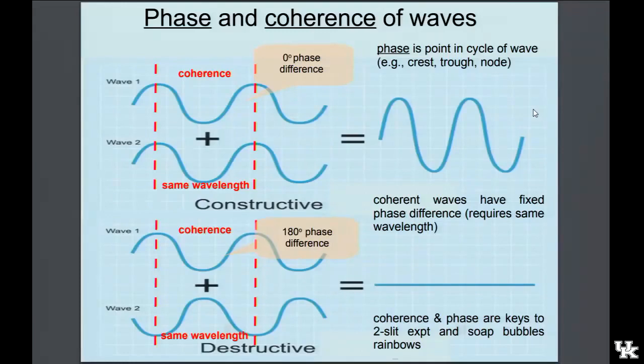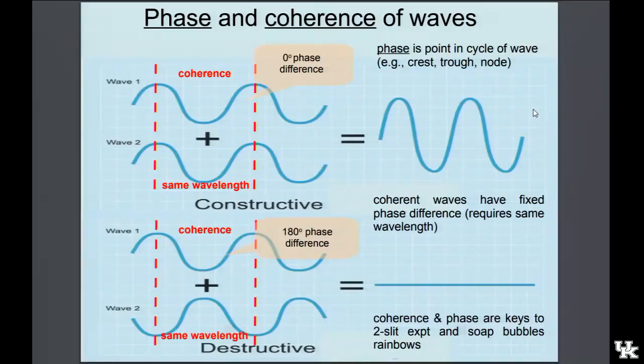On this slide, I've just reproduced on the left-hand side the constructive interference from 2 slides ago of 2 waves, 1 and 2, and the destructive interference of 2 waves from the previous slide. So the constructive case, we made a bigger wave. The destructive case, we canceled out the waves.